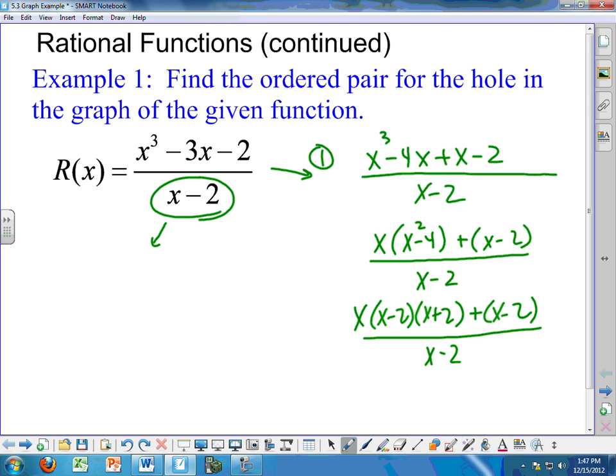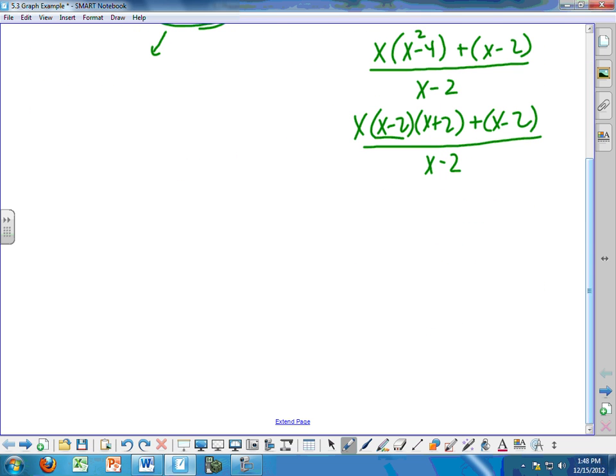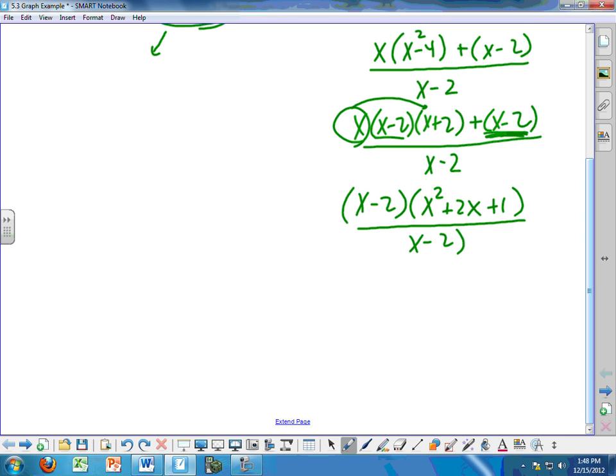Now I'm taking my sweet old time here working through this, but I want to show you the full factorization. As we pull out that x minus 2, we're left with x from here multiplied by the x plus 2, or x squared plus 2x, and then plus, when I pull out this x minus 2, I just get a plus 1 left over, all over x minus 2.